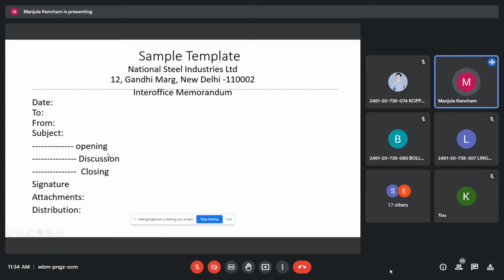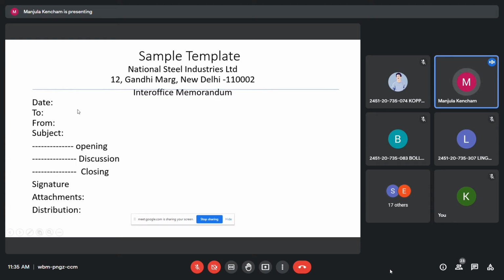Then you have the memo written, which can be segmented into three parts: the opening statement, the discussion, and finally the closing statement. Then the signature of the sender. You can easily make out there is a difference between how a letter is written and how a memo is written, right?